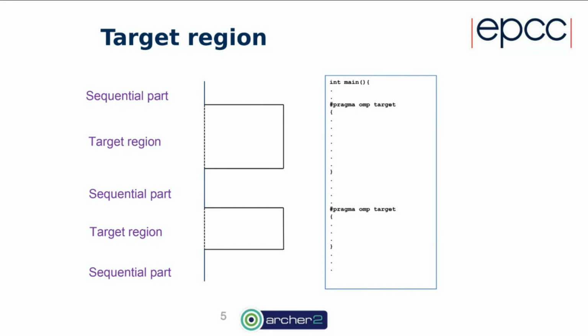Then when we reach a target region, the body of the target region is offloaded and executes on the device. At the end of the target region, the original thread on the host waits until the target region is complete. It then carries on executing again, and we can have as many target regions as we like during the lifetime of the OpenMP program.